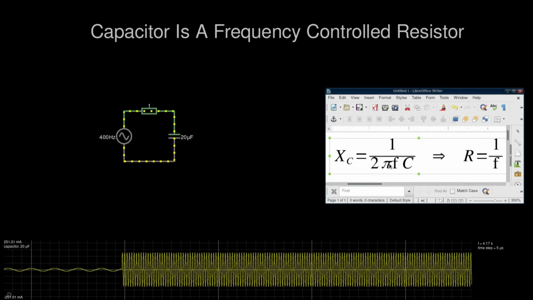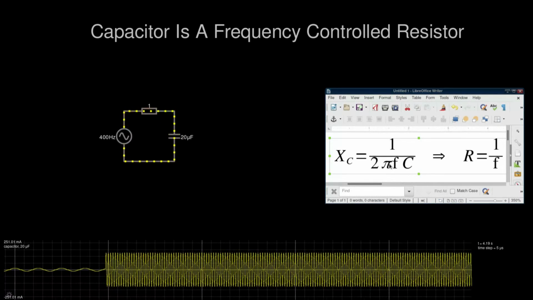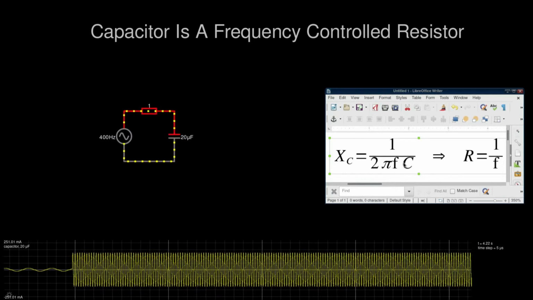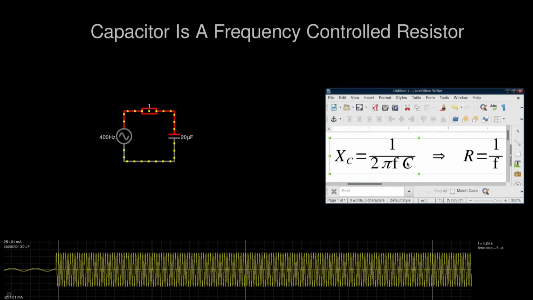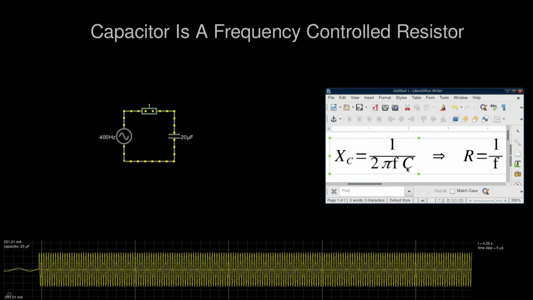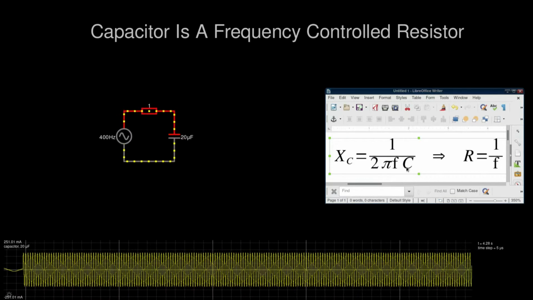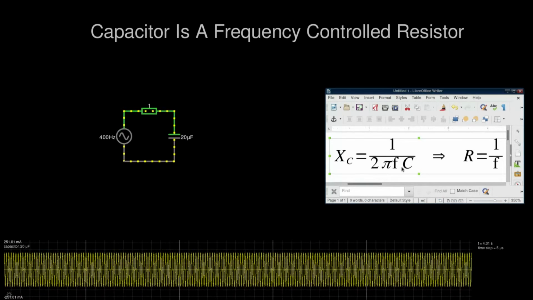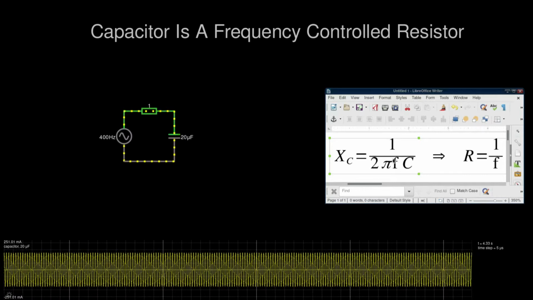They don't really matter to us at this moment. And C, or the capacitance, usually is the same unless we use variable capacitors. So the only thing that can vary is the frequency, and very often it does vary.